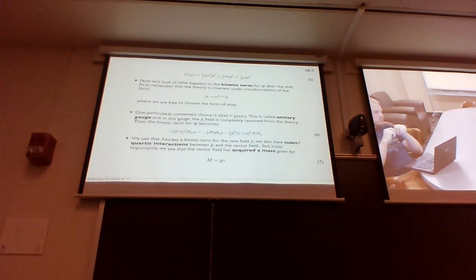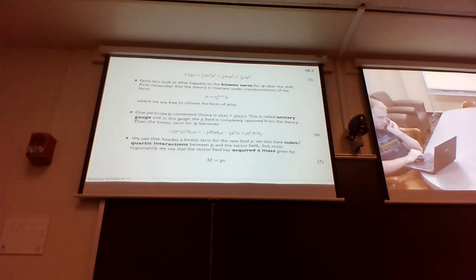So the kinetic term. So what am I saying? These slides are from four years ago, so I don't know. The kinetic term, with respect to the shift. The theory is invariant under local gauge transformations like this, and we're free to choose the form of this guy.